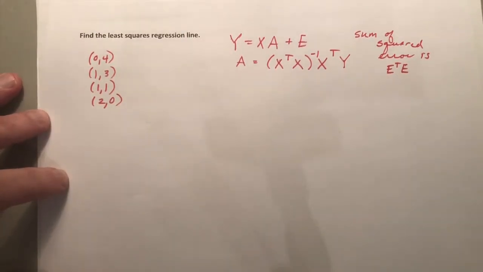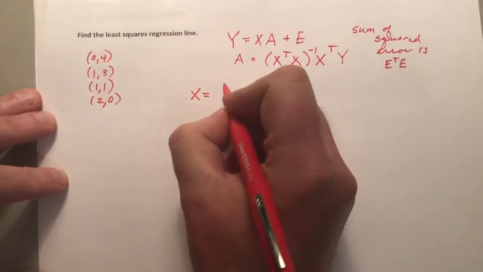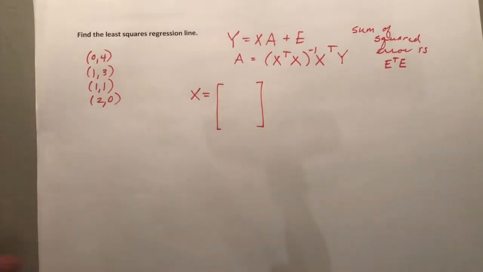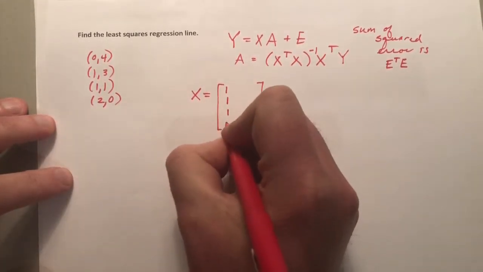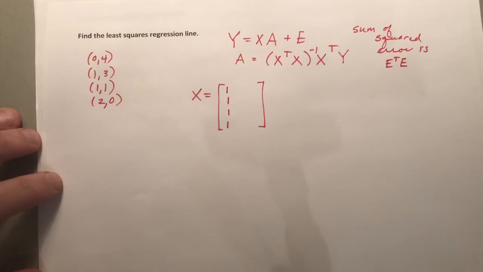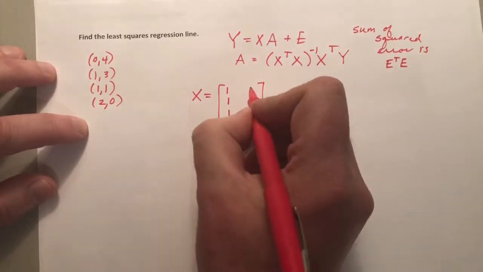Now, I have to figure out what my X is. Well, X is a matrix that always, for the first column, is just 1. And there are going to be 4 rows because I have 4 data points. The second column of X is always the list of x values from the data points you have.